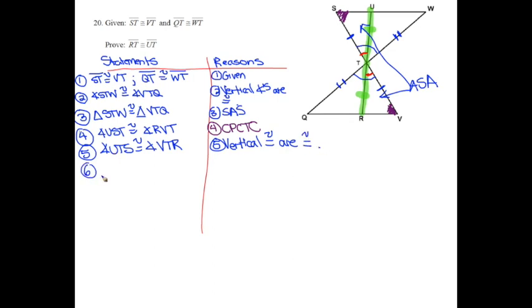And step 6, I can say these two smaller triangles are the same now. So I'm going to say triangle STU is congruent to triangle VTR. My reason for that one is ASA theorem.